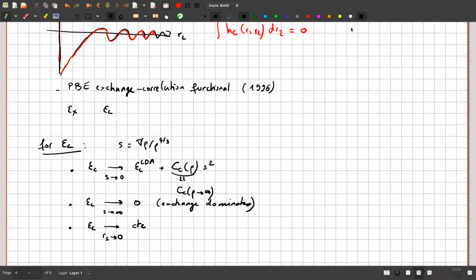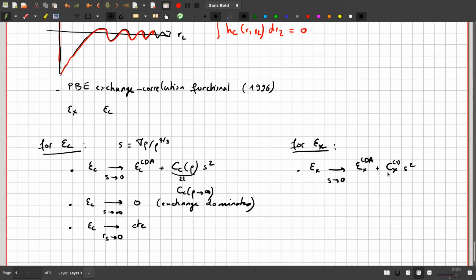Now, for the exchange, they impose also the second order gradient expansion, that is epsilon x when the gradient goes to 0 must go to epsilon x LDA plus Cx2 times S squared.